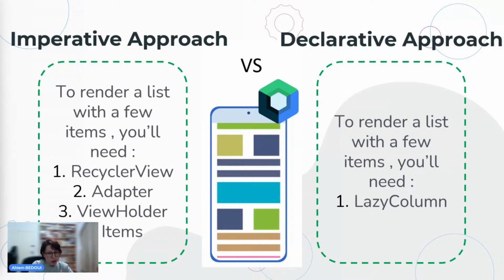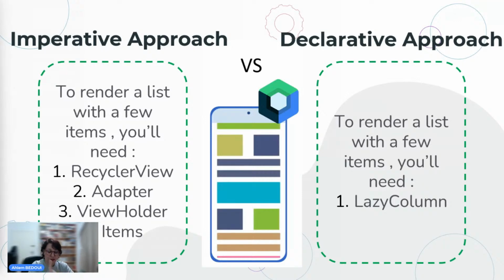For example, if you want to render a list with a few items with the imperative approach, we will use, for example, a RecyclerView. We should have an XML file to describe the layout that contains the RecyclerView. We will have an adapter and a ViewHolder to associate the data to the views, and another XML layout to describe the items inside the RecyclerView.